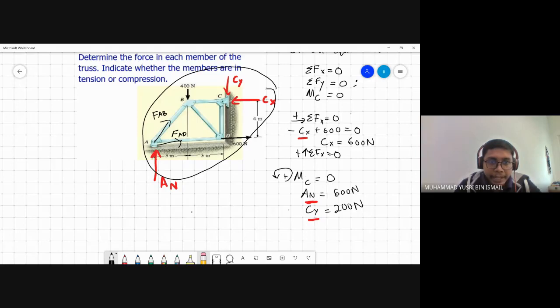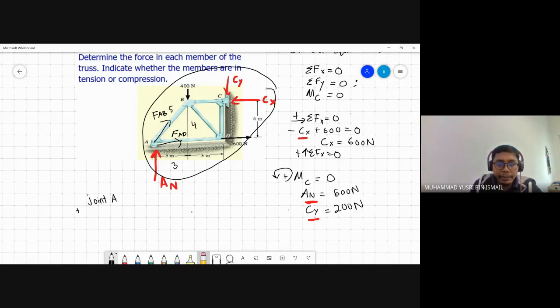You can start at C or at E, but I choose to begin at A. You know that here is 4, this is 3, and this is 5, so automatically you can use this to replace the angle.